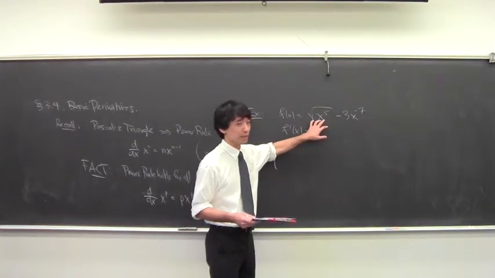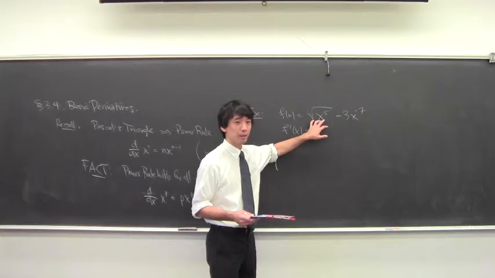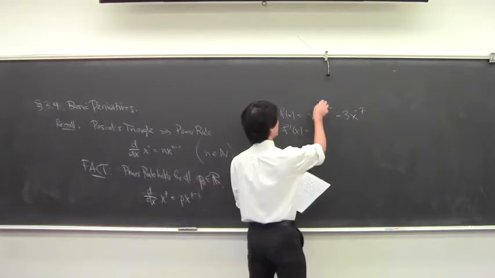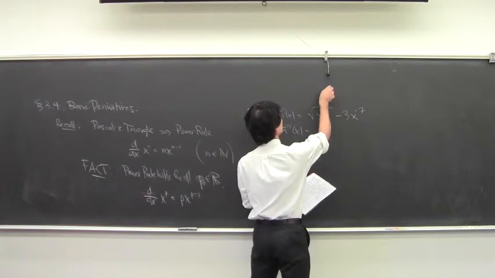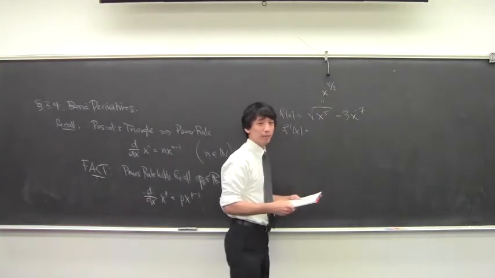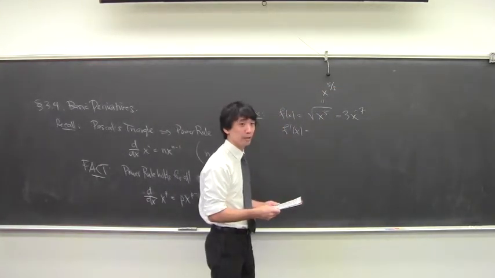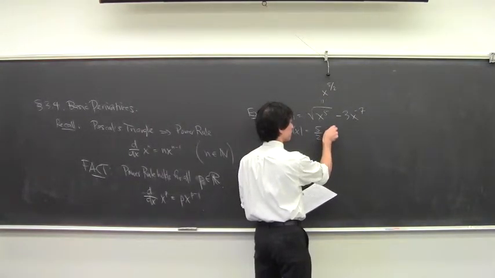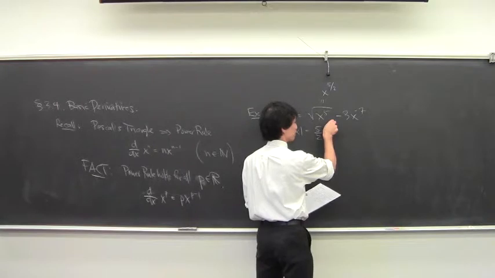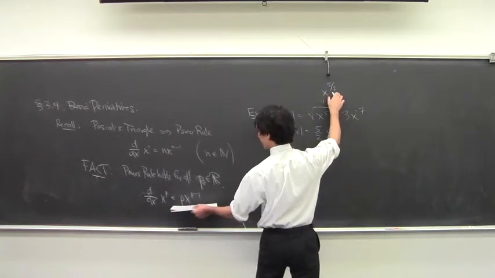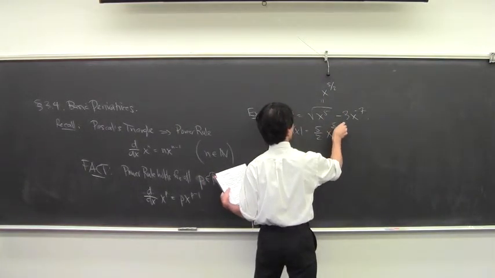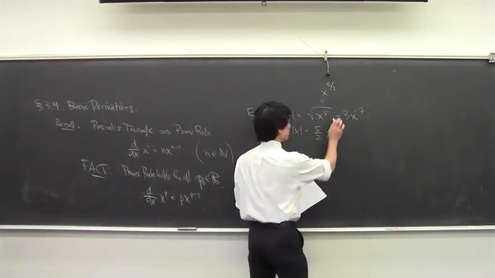So what happens to this one? This is the square root of x to the fifth. So this is x to the 5 halves. So you get 5 halves x to the 5 halves minus 1, which is 3 halves.